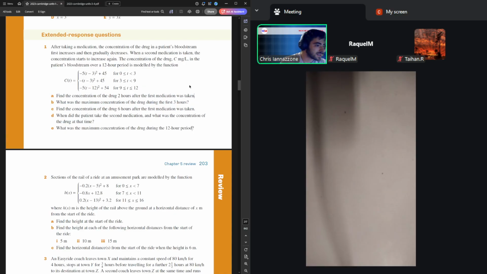Part A is just asking us to figure out the concentration 2 hours after the first medication was taken. We don't necessarily need to graph for that though. So what I'll do is I'll start getting the graph going.